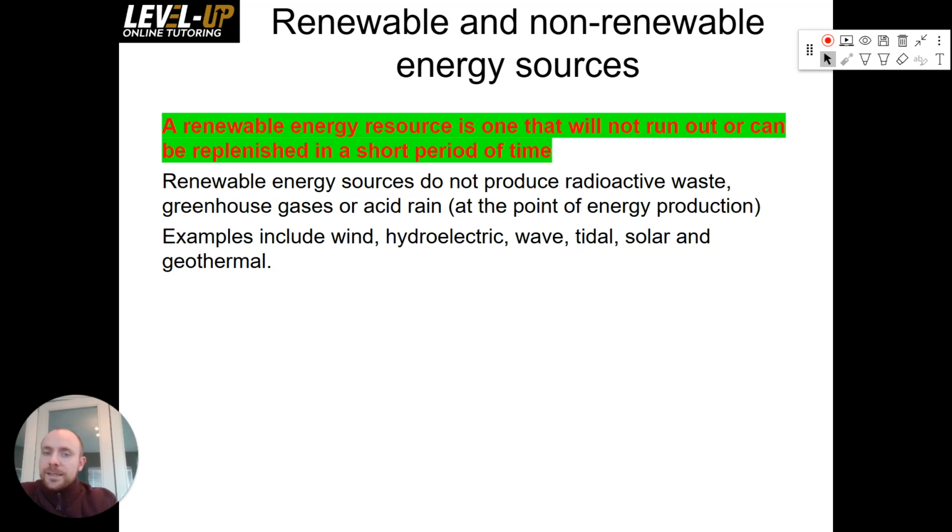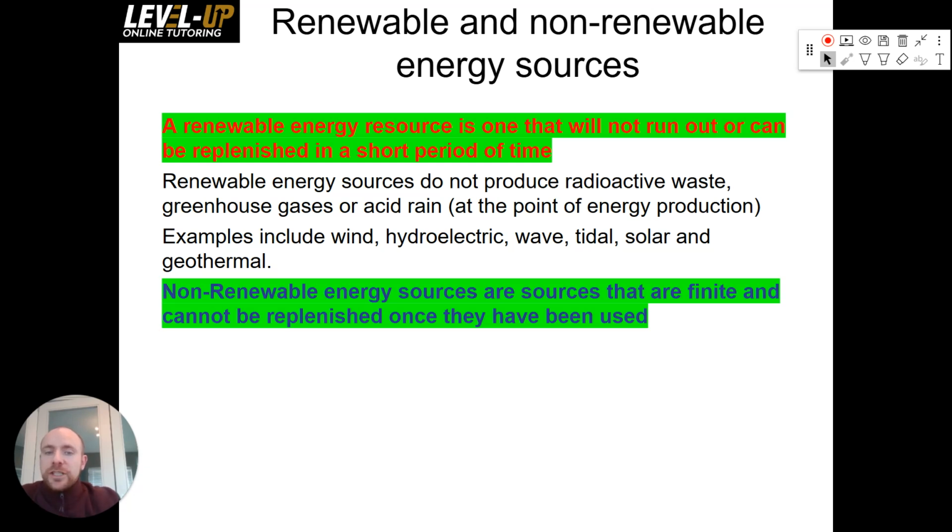So things like wind, hydroelectric, wave, tidal, solar power, geothermal, those are the ones that do not produce those harmful gases. Biofuel is also considered a renewable resource. We'll look at that as well, but that does produce those gases, so it's slightly different, biofuel.